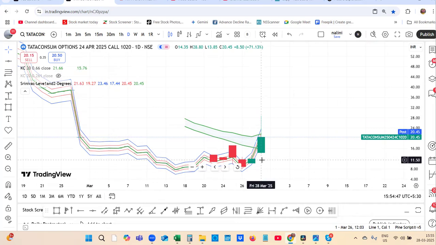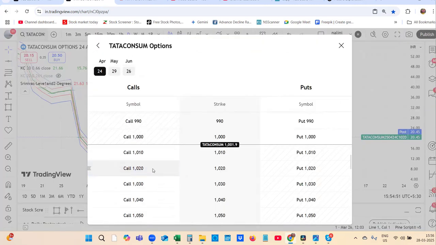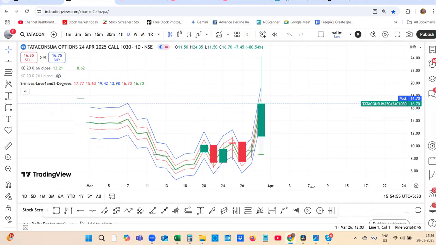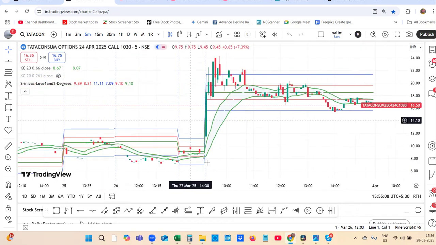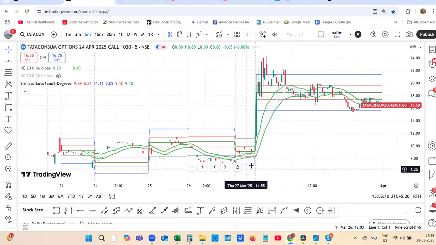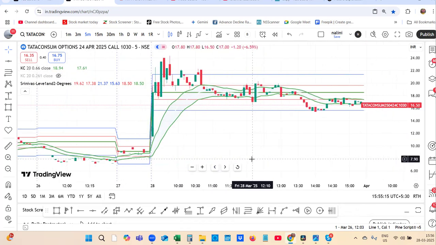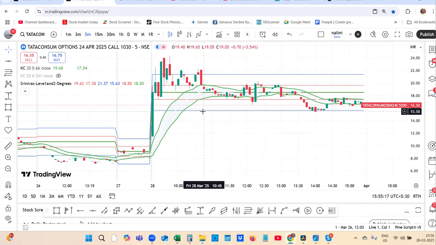Yeah, it must be this one, around 1,020 or 1,040. 1,030, we'll check. 2 rupees he was mentioning, maybe around 2 or 3 rupees. I don't know which one he had taken. That has given him a lot of money. You can see it has given him from here. Where did he purchase? I don't know. He had mentioned he purchased by seeing the screener.